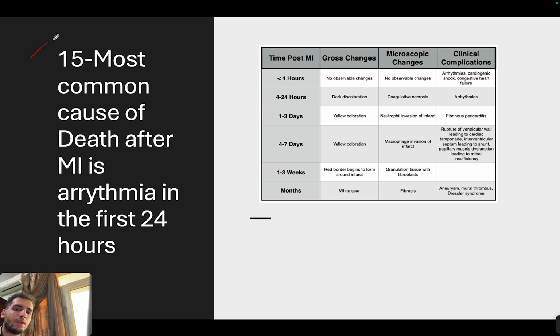The next important information is that the most common cause of death after myocardial infarction is usually arrhythmia, specifically in the first 24 hours. Extremely high yield to know this information, okay? And I have brought here the table if you need to remember the gross changes, the microscopic changes, and whatever happens, okay? Just know that the necrosis that happens in the heart is coagulative.